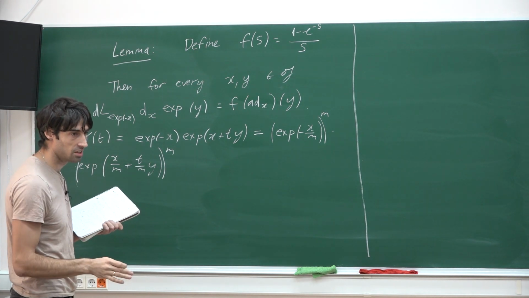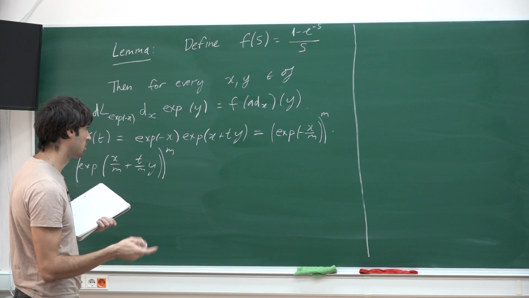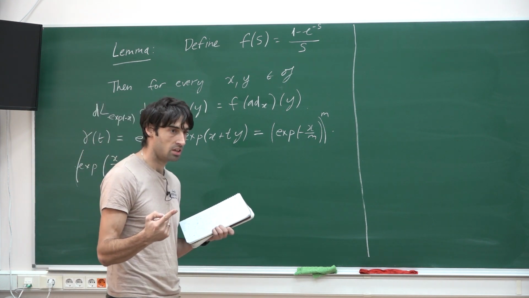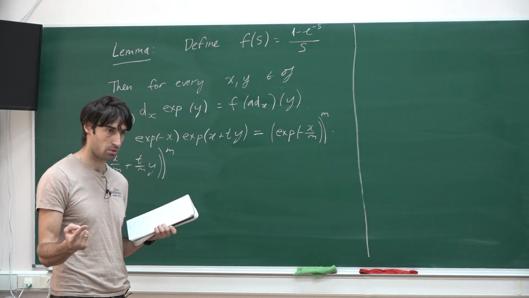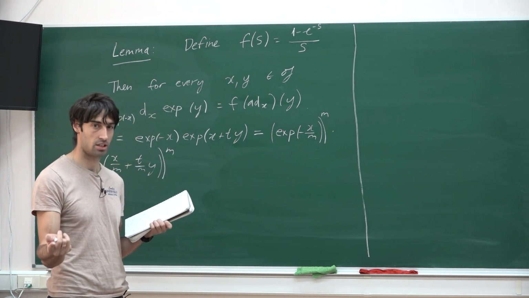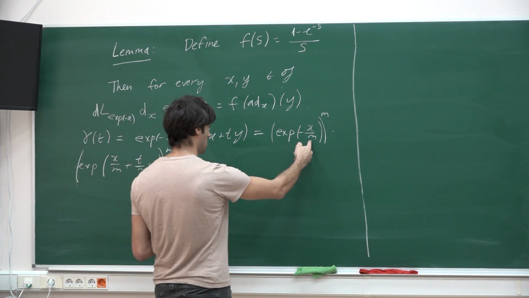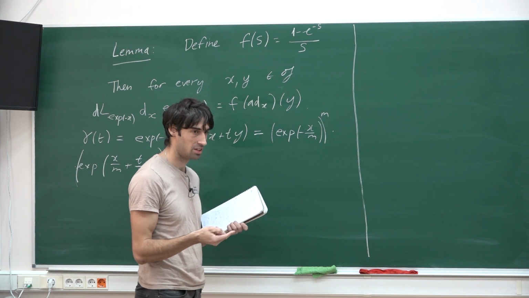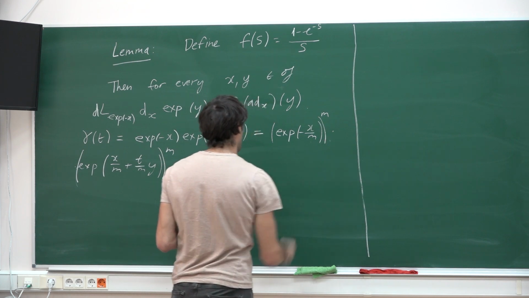I just did nothing. I just used the fact that exp of x plus y is exp of x times exp of y if x and y commute. Of course something commutes with itself, right? So I apply this m times.